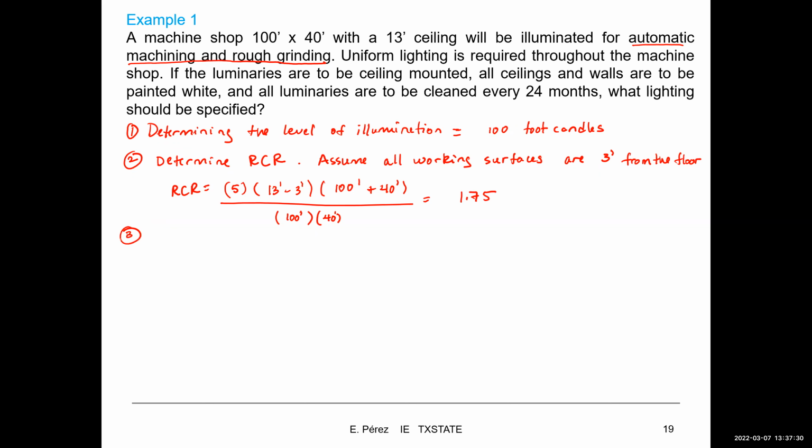Step 3, determine the CCR, or the ceiling cavity ratio.